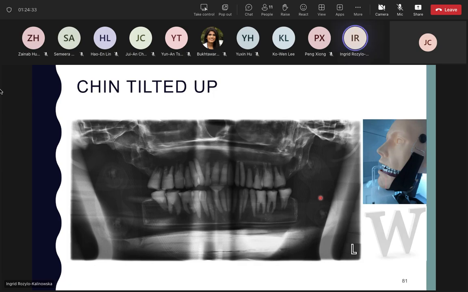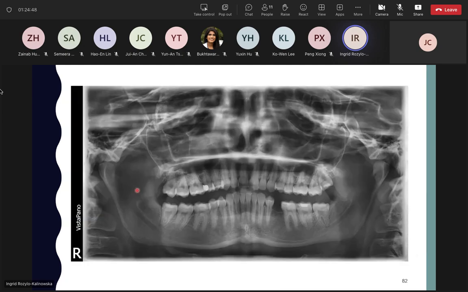The opposite mistake: the occlusal plane is tilted up, chin tilted up. So the occlusal plane looks, as I'm saying, like the letter W, but it's like a flat letter W. In this clinical picture, it will be better highlighted. So remember, if the mandible looks like a W, it means the chin was too much up.